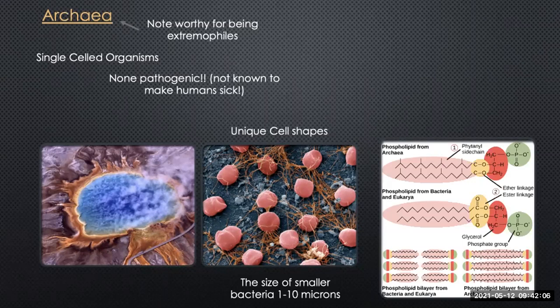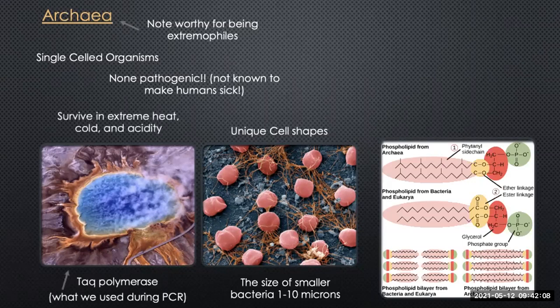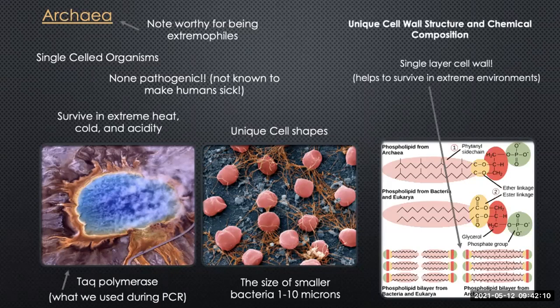When you look over on this picture on the right, I'm not going to ask you something about isoprene versus non. But if you look at these cell walls here, eukaryotes and bacteria have these phospholipid bilayers, right? We already know that.